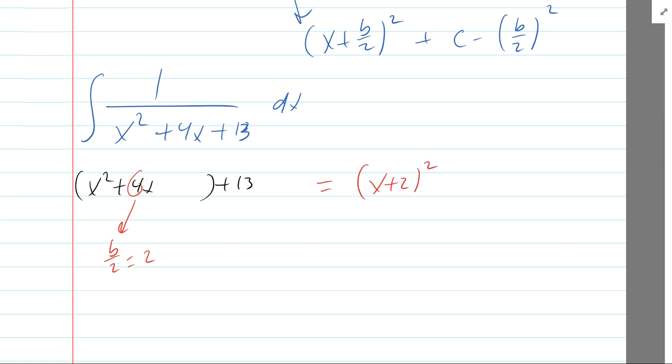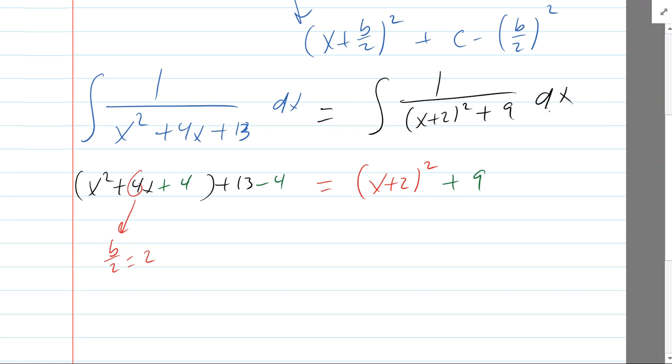Now I'm going to square it, so I add 2 squared, which is 4. Since I added 4 there, do I have to subtract 4 on the outside? What's 13 minus 4? 9. Plus 9. Is that a perfect square also? So what does this become? It becomes the integral of 1 over x plus 2 squared plus 9 dx.